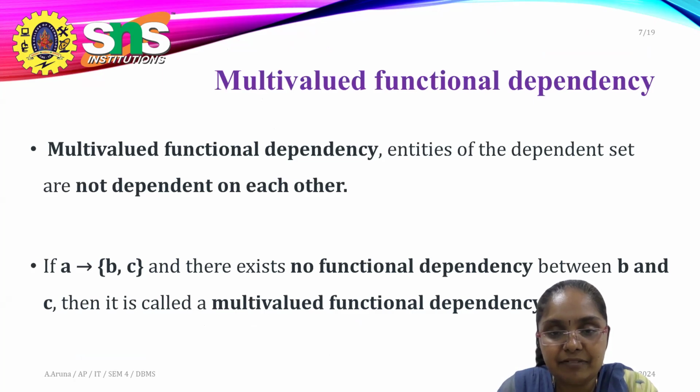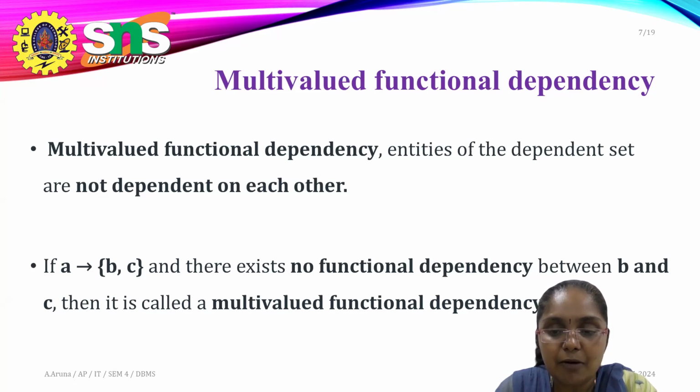Next is multi-valued functional dependencies. The entities of the dependent set do not depend on each other, and it can contain multiple values. A real-time example for this is a phone number. A user can have more than one phone number, so a user can have 10 phone numbers.